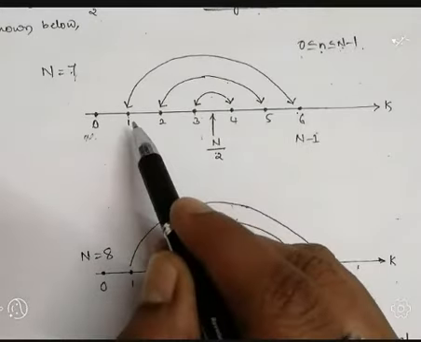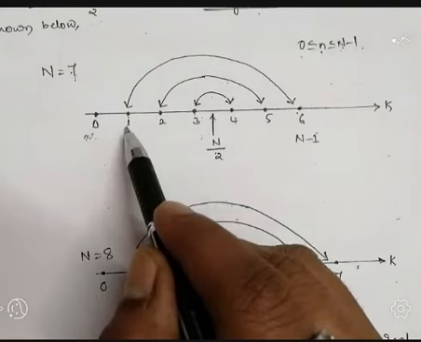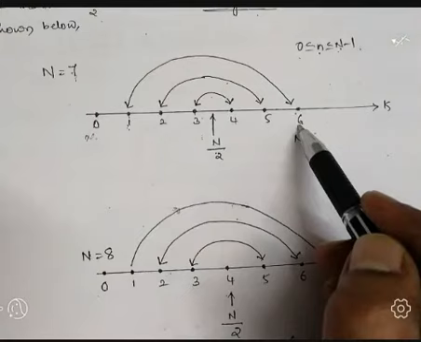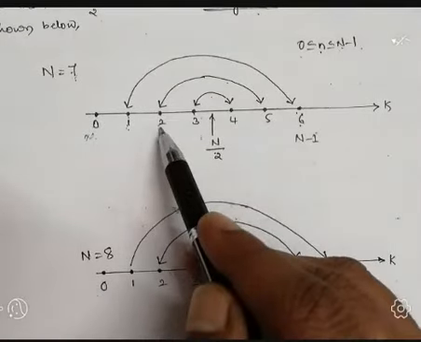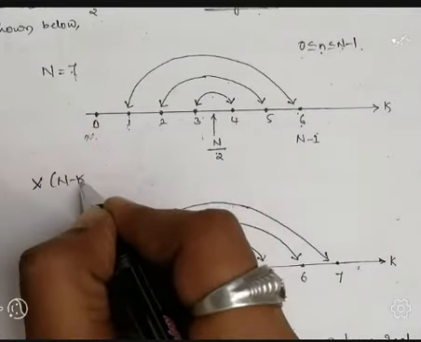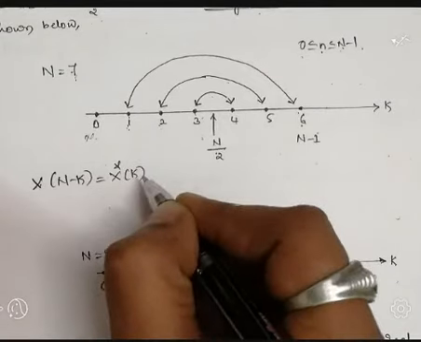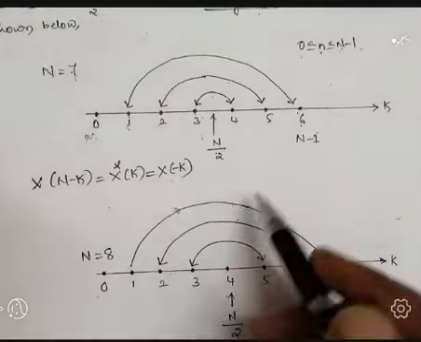So the complex conjugate of x of 1 is equal to x of 6. What is the statement here? X of N minus k equal to the complex conjugate of x of k, or we can write x of minus k.